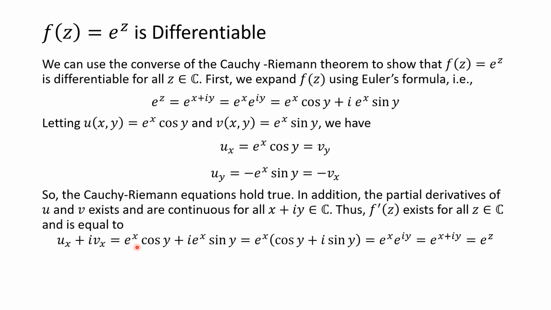So you plug these in, you factor out an e to the x, you use Euler's formula in reverse, so to speak, and get e to the x, e to the iy, e to the x plus iy, which is e to the z. And we kind of knew that, right? The derivative of e to the z is itself. And so we've shown that using the Cauchy-Riemann theorem.